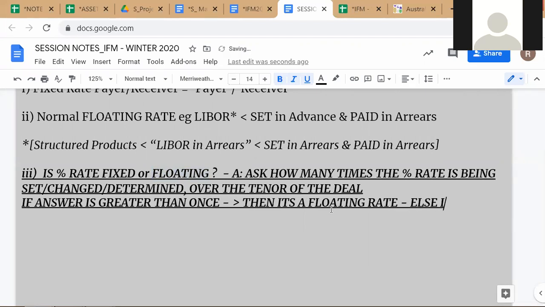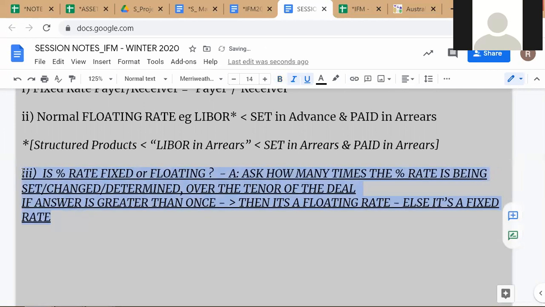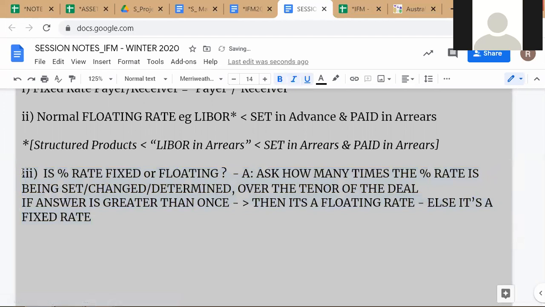Else, it's a fixed rate. Is this clear? Does that answer your question, Aman? Yes, Aman, answered your question. So how will you know whether it's a fixed rate or a floating rate? You apply this test.